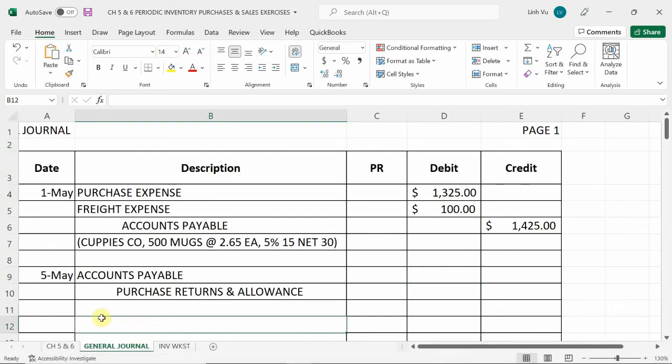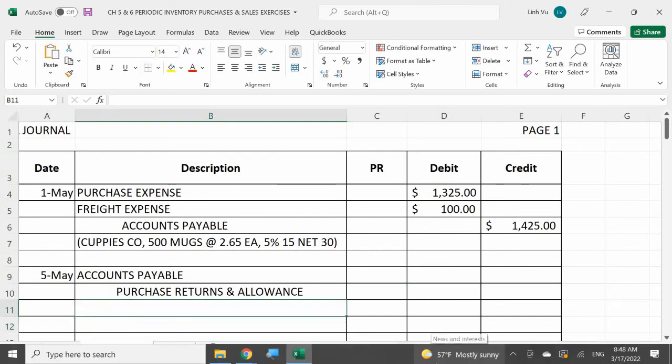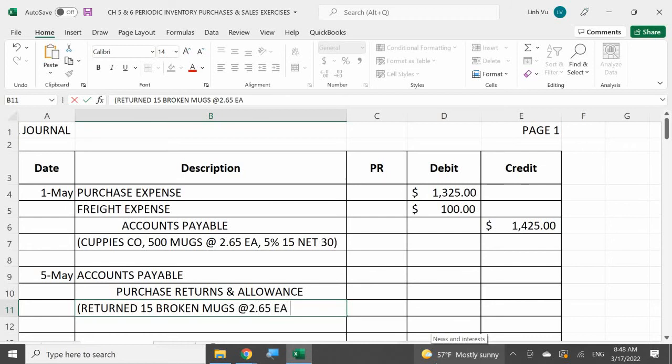So then I returned 15 broken mugs. At what cost per item was each? $2.65 each. Good. For a full refund.